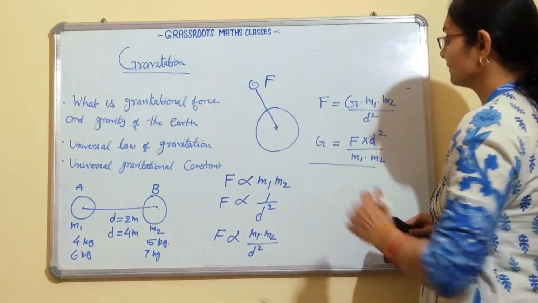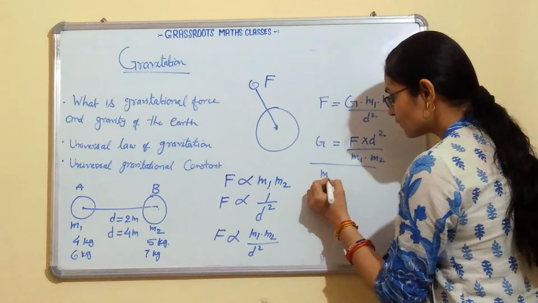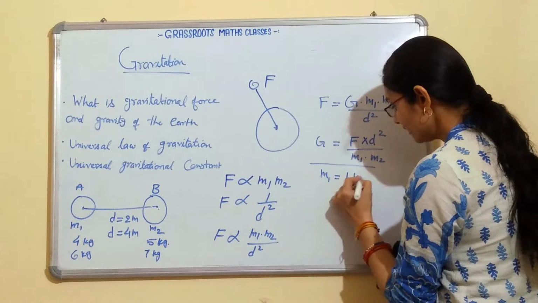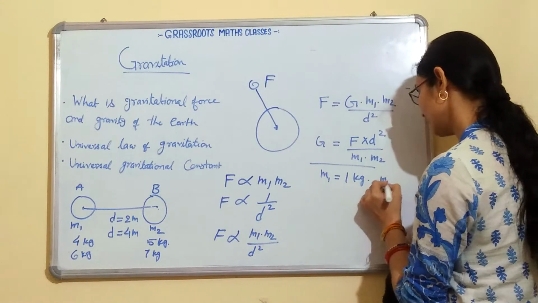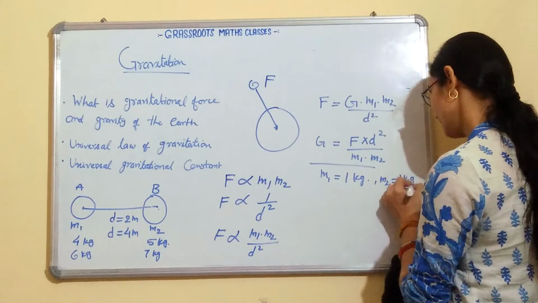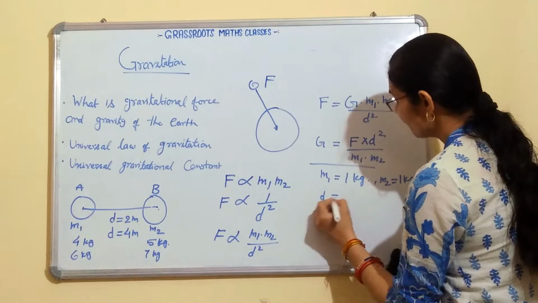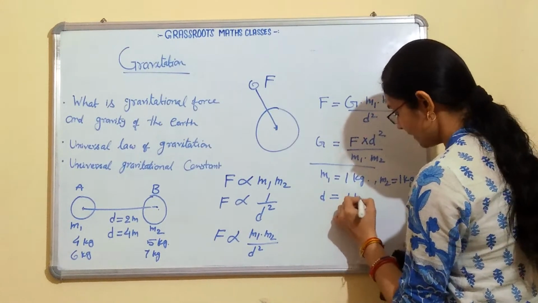So suppose the masses of these objects are 1 kg each and distance between them is 1 meter.